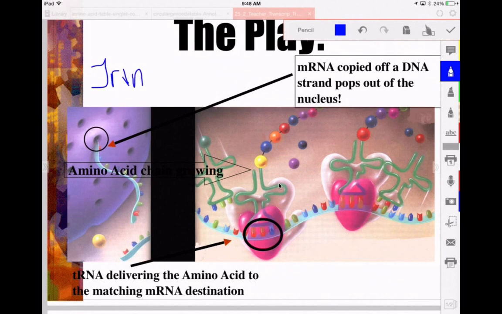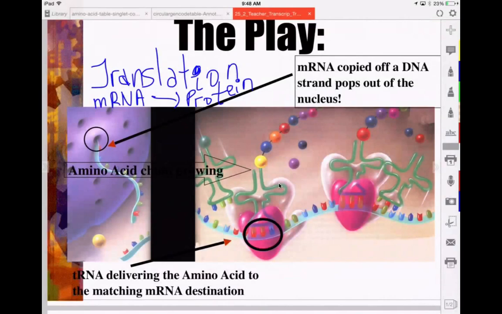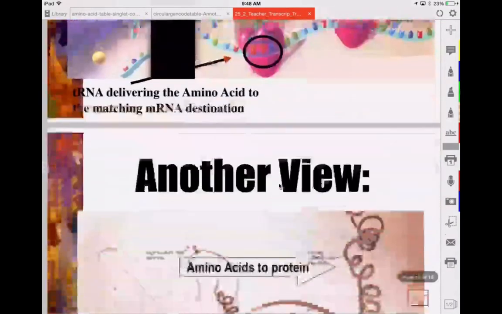You have finally translated mRNA using tRNA into a protein. And that was the whole point. Protein production. And it's just one of those everyday miracles I talk to you about all the time.